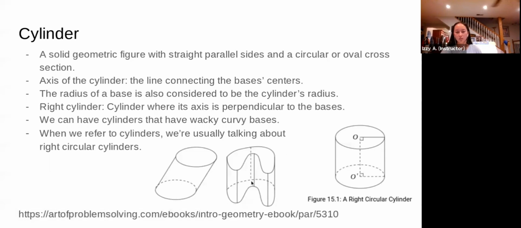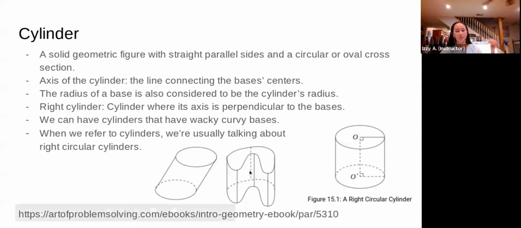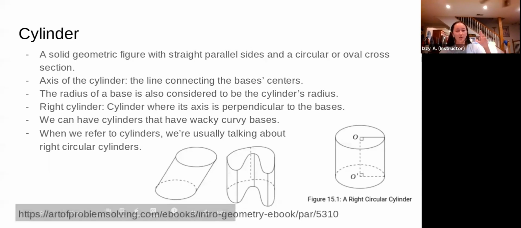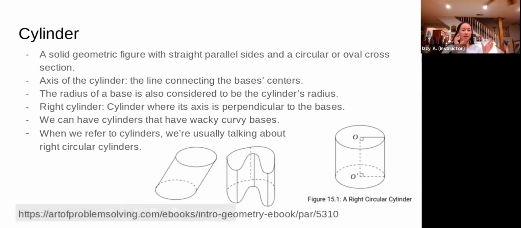You can also kind of tell, I know this might be a really weird cylinder, but they all have similar characteristics, with the top and bottom bases and then the curvy height portion, I would call it. I don't know how to describe the portion between the top and bottom bases, but yeah, that's what I would say.